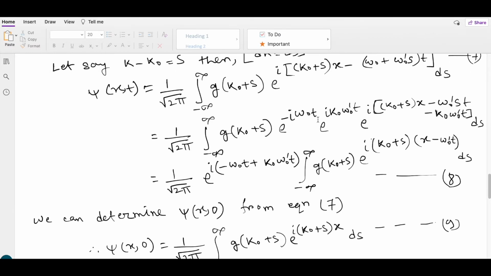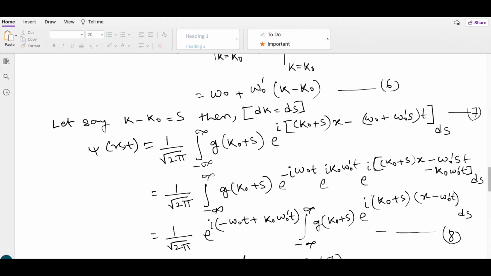So I am taking this first part out of the integration, and we are left with e to the power i (k naught plus s) into (x minus omega naught prime t).